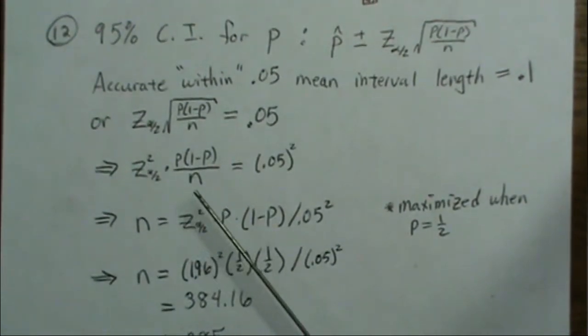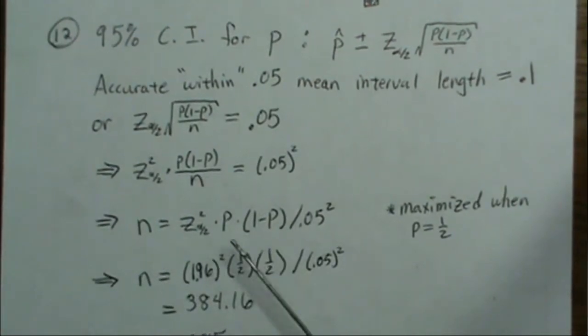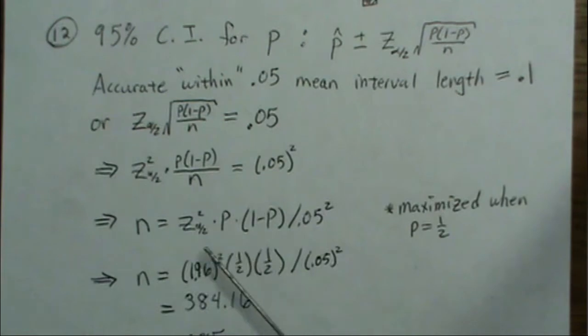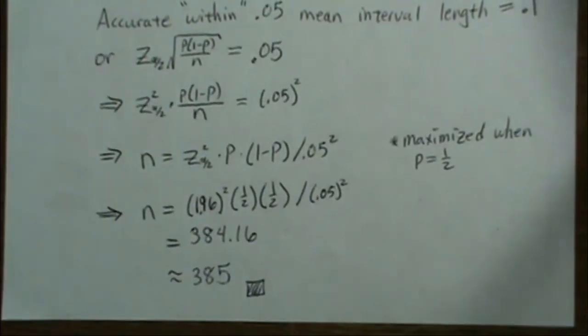So we square both sides, solve for n, we get this. Now we don't really know what P can be, but this is maximized when P is 1/2. So if we plug in 1/2 here, then we're ensured that we have a large enough sample size. So if we plug in 1/2, we get 384.16, which means we need a sample of 385.